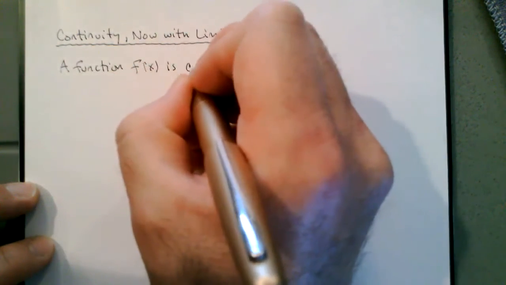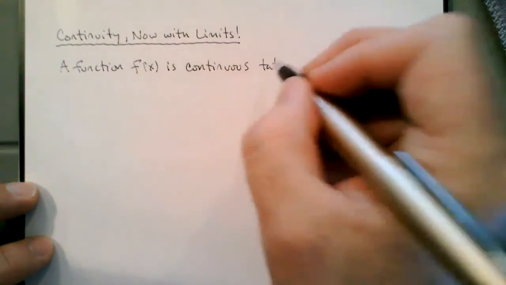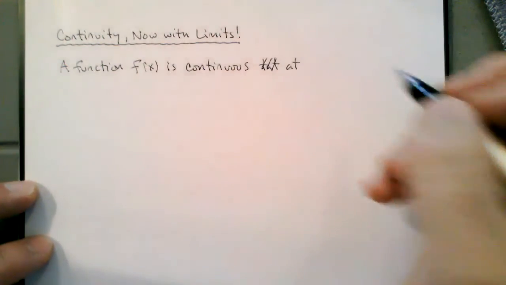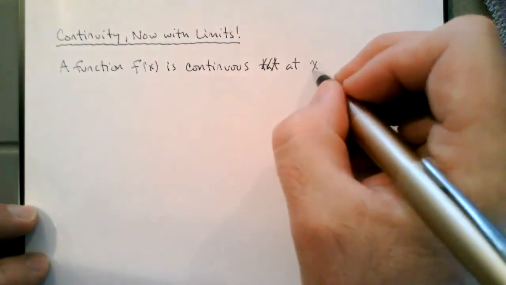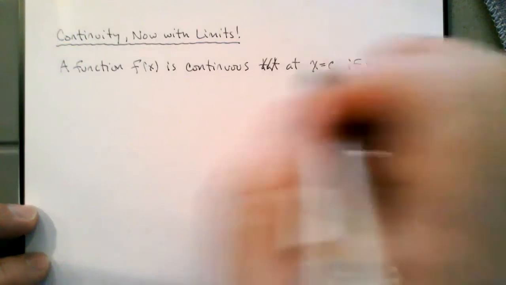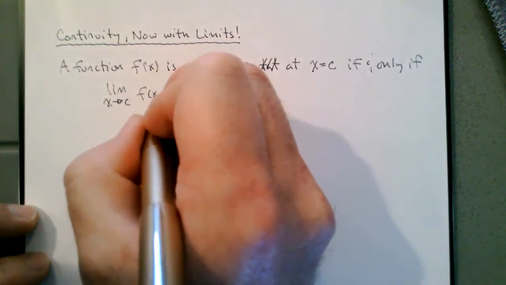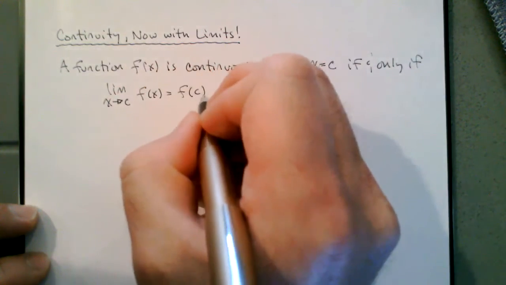We could say that a function f of x is continuous at c if and only if the limit as x approaches c of f of x is equal to f of c.